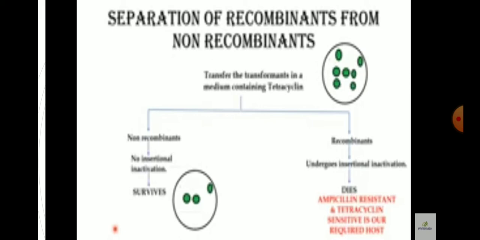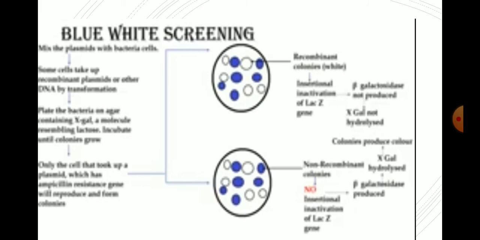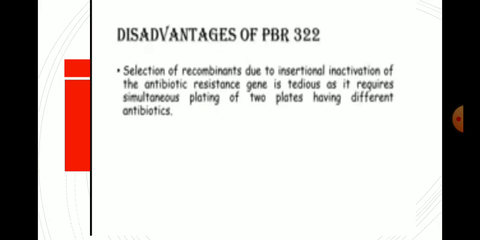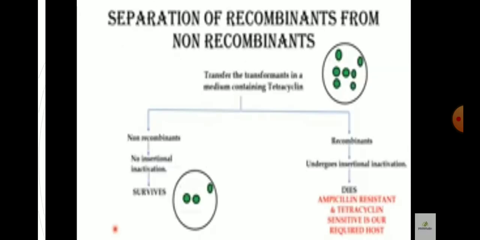Here what happens, we normally use two kinds of plates that contain the antibiotic tetracycline, and it is spread over the agarose gel. Here we are taking the green one.